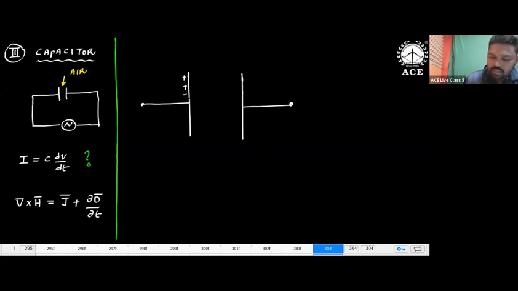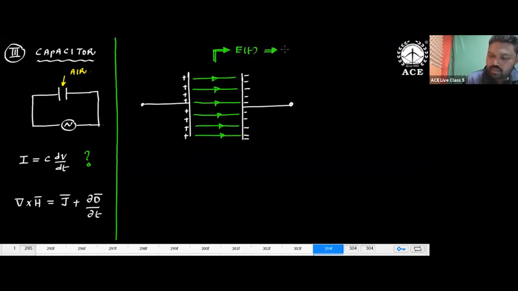All the positive charges will come and sit here, and all the negative charges will come and sit here. There exists an electric field from positive to negative charge. What kind of electric field is this? It is a time varying electric field. So when you have a time varying electric field, there will be a displacement current, JD.